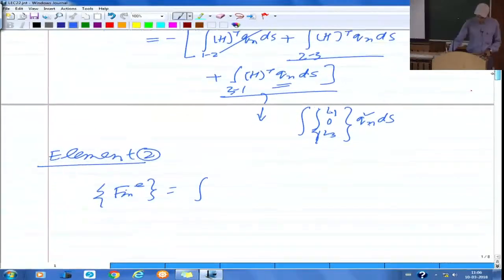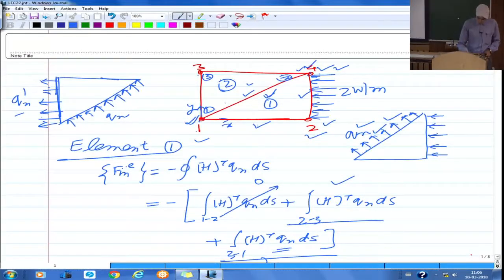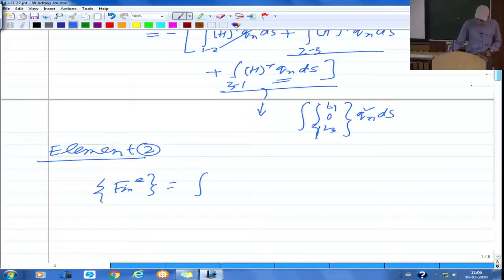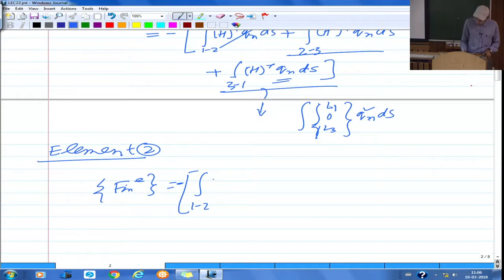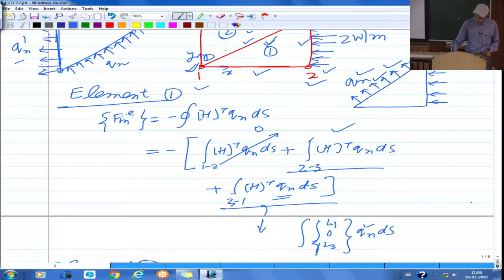Now if you evaluate for the second case, you go from this point to this point, which is locally 1 to 2, so this is integration from 1 to 2 of H transpose Qn ds, but this Qn is actually minus, so let me put a minus here. Why minus? Because the same Qn for the first element I have taken as positive.